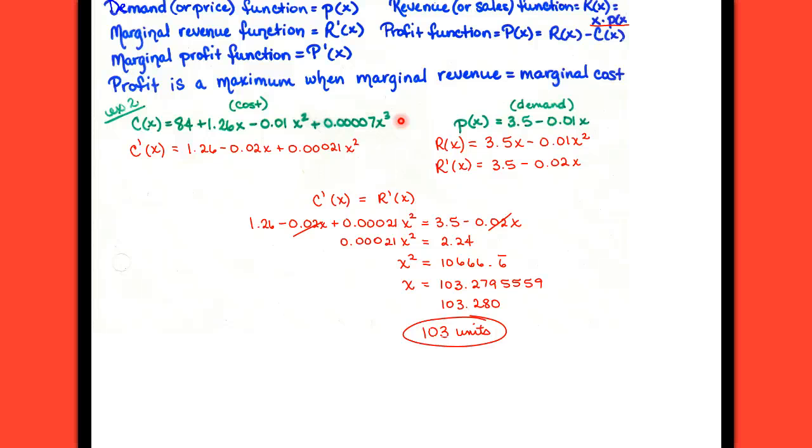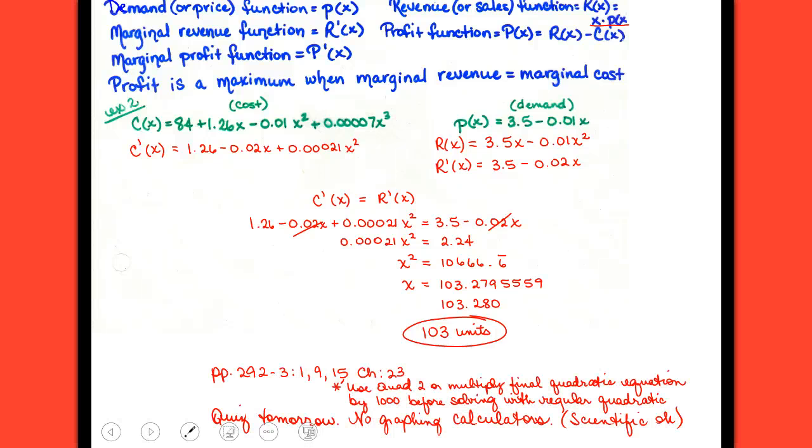Okay? All right. So here is our homework for tonight on pages 292 to 293. For number 15, when you go to solve that problem, you're going to have a quadratic, and you're going to need to use the quadratic formula to solve it, but the b value in that quadratic is a really, really tiny number. It has several decimal places.